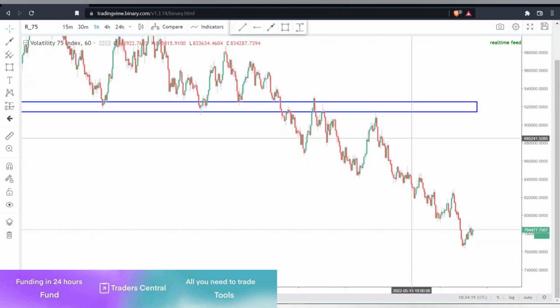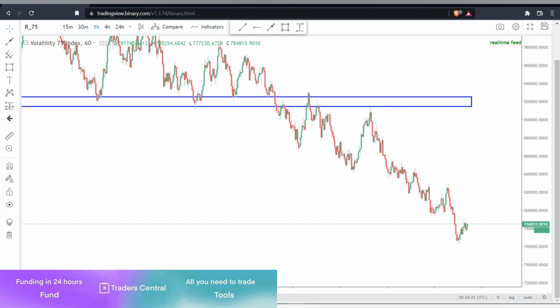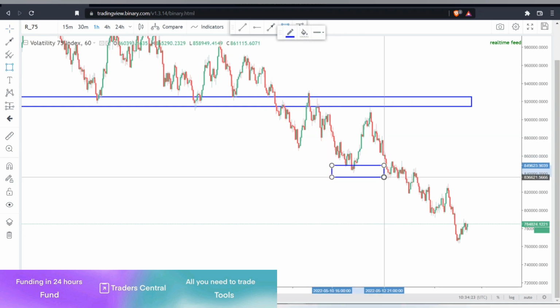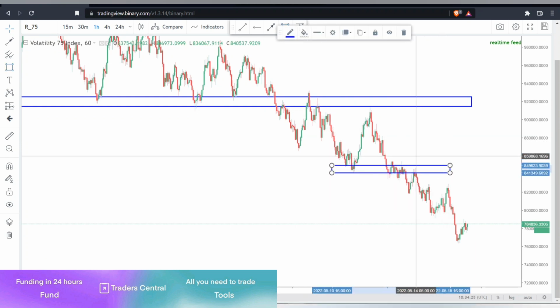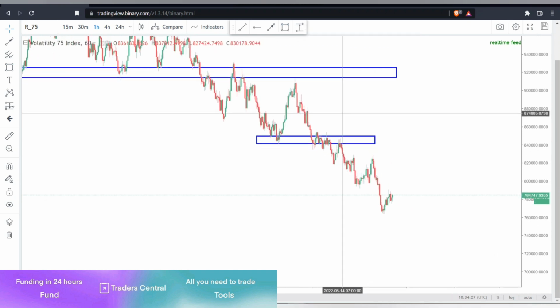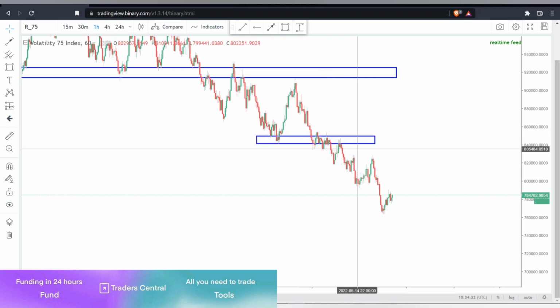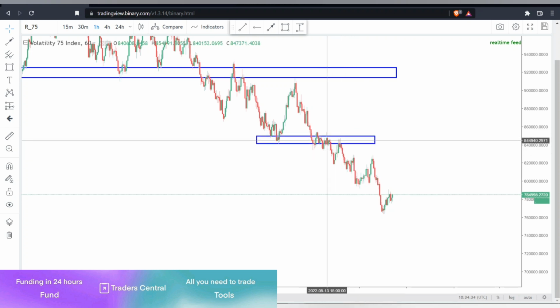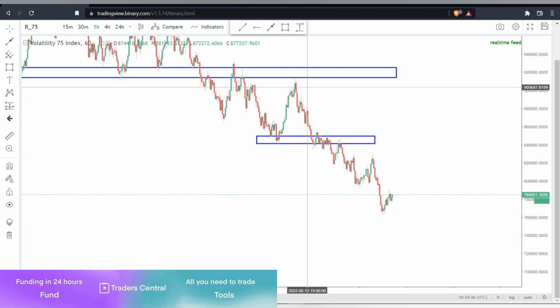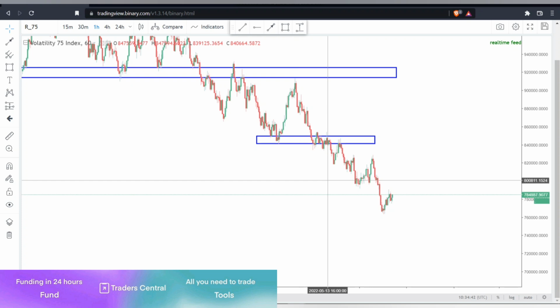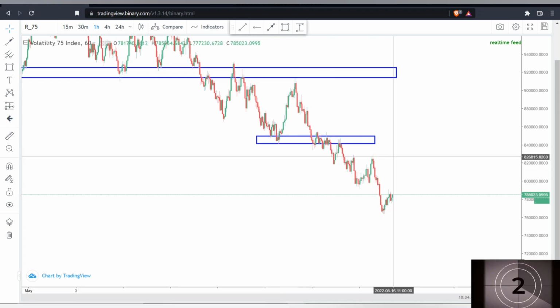This was an entry that could have been taken, and I'm sure you can notice these weak rejections. These weak rejections are very important, although sometimes the market will provide a very small weak rejection and boom, go straight to the downside. So if I were on this trade.